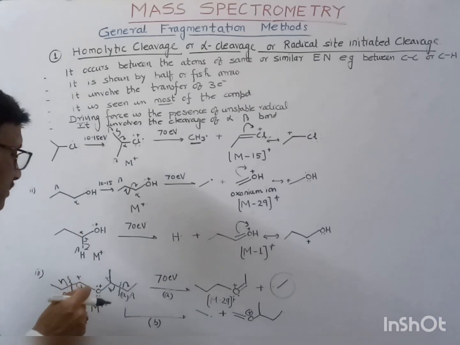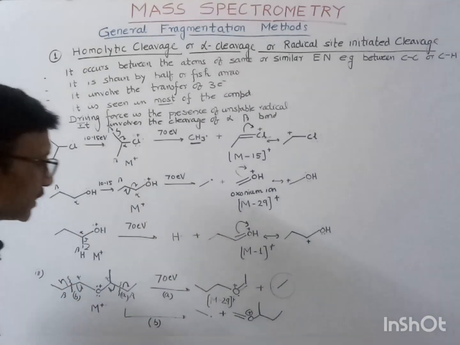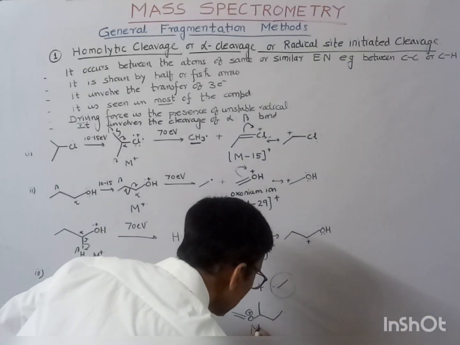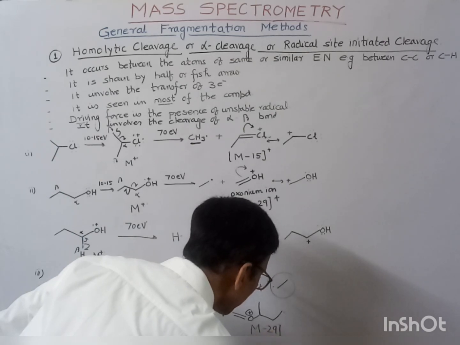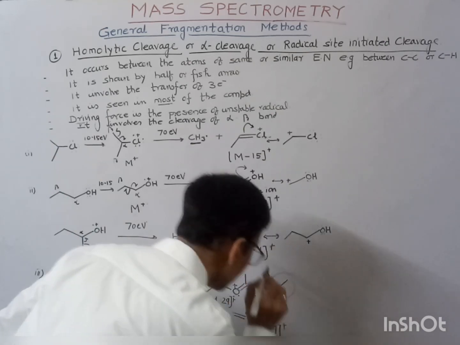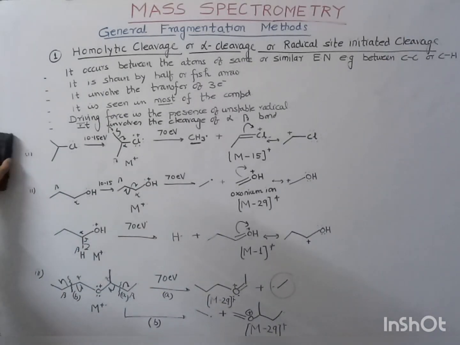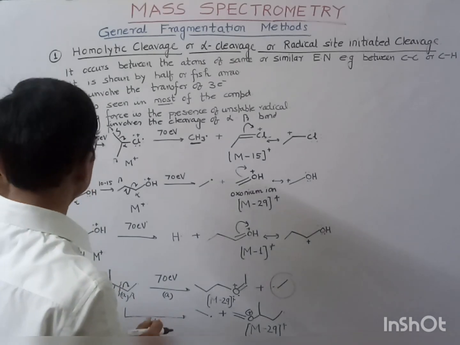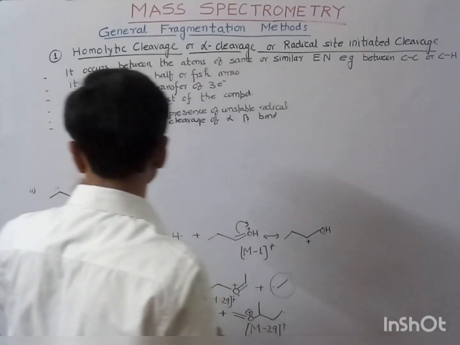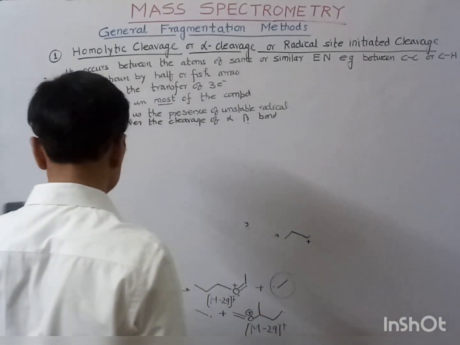In both cases we are getting the peak at M minus 29. This peak we will get. So this is ether; next example.